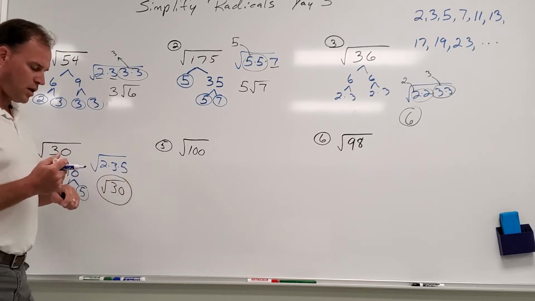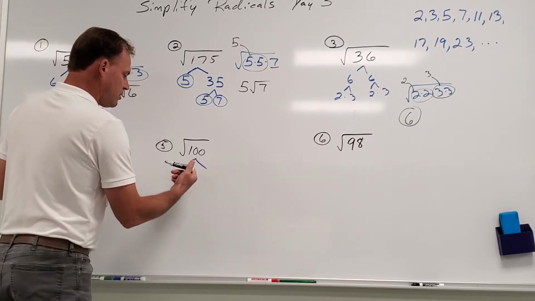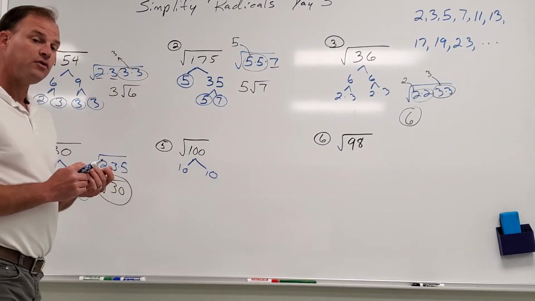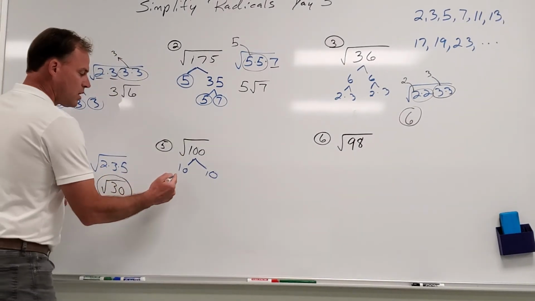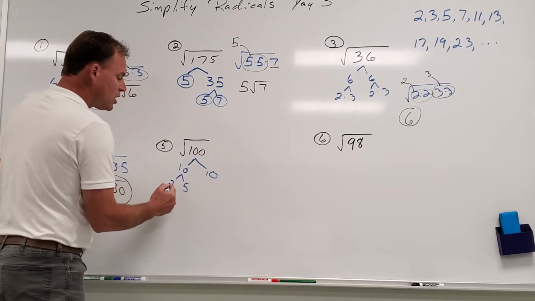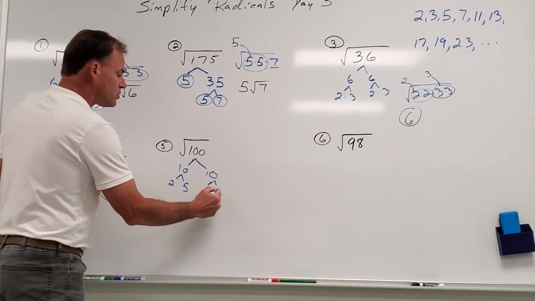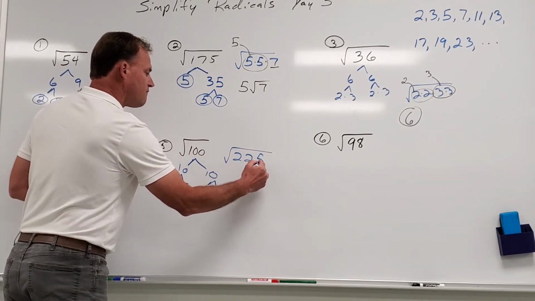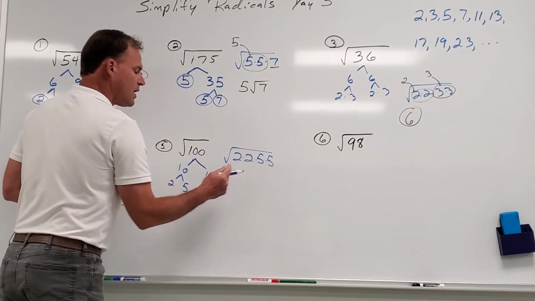Okay? Number 5, square root of 100. 10 times 10. Some of you are yelling at your screens right now because you know what's going to happen, but we'll work through it for everybody else. 2 times 5, 2 times 5. So I have 2, 2, 5, 5.